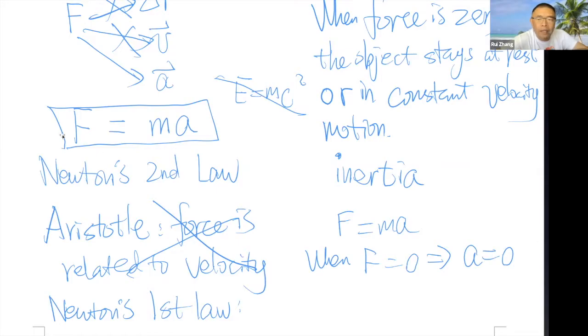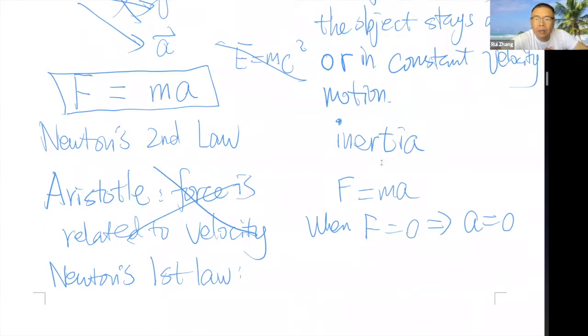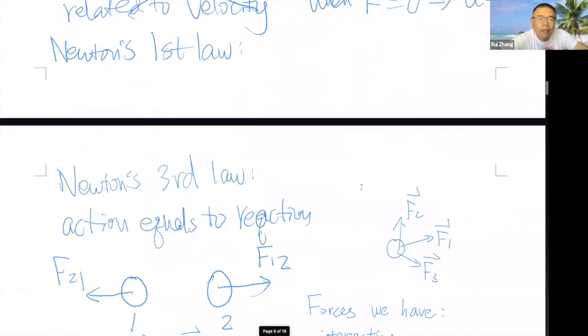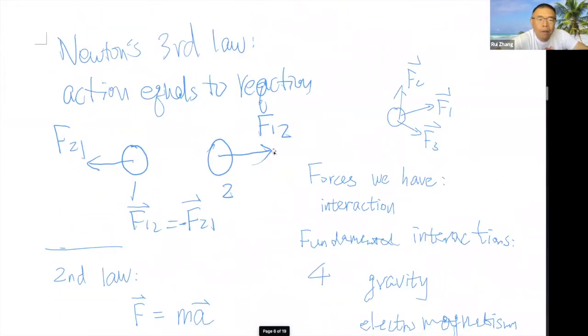Our task in this chapter is to learn all the forces we normally have, and then apply those forces to the equation to get the expression and all the other information. The first law is kind of a special case of the second law, and the third law is just the case of two objects interacting with each other.